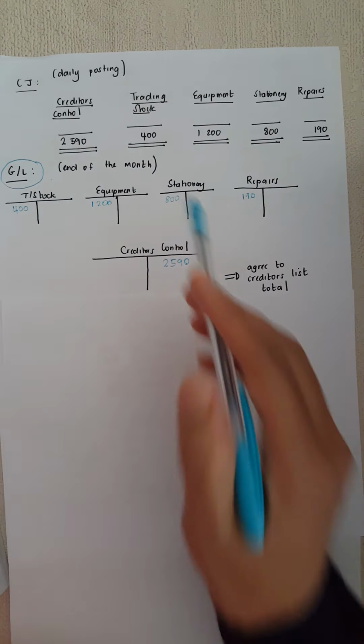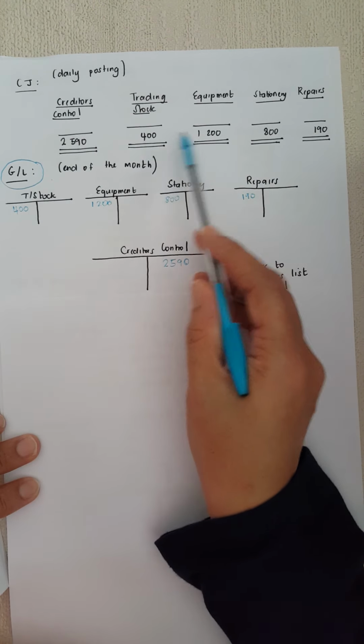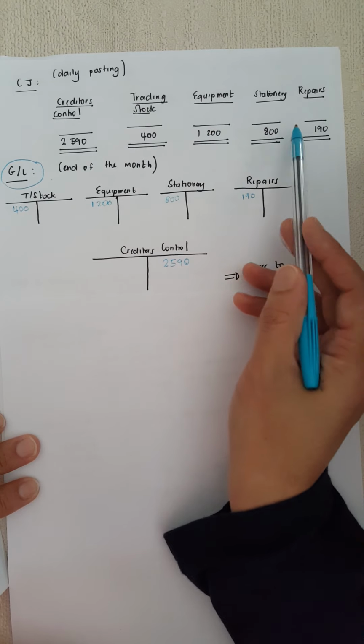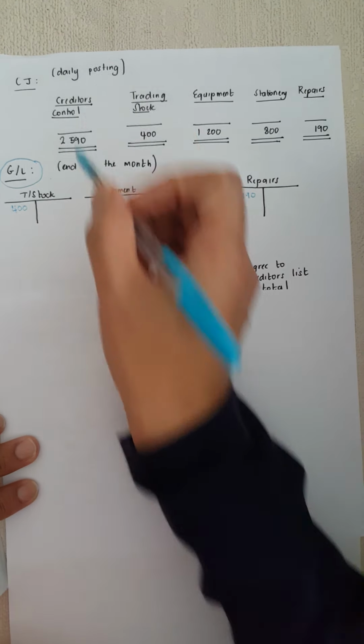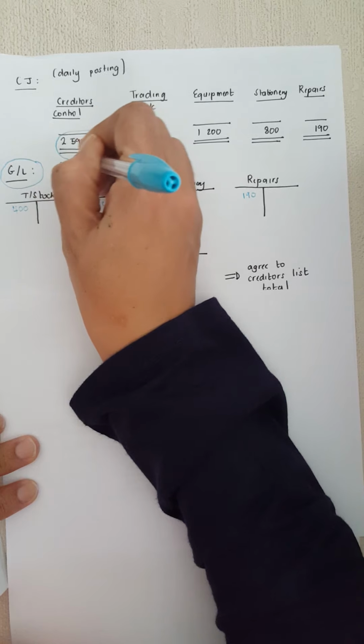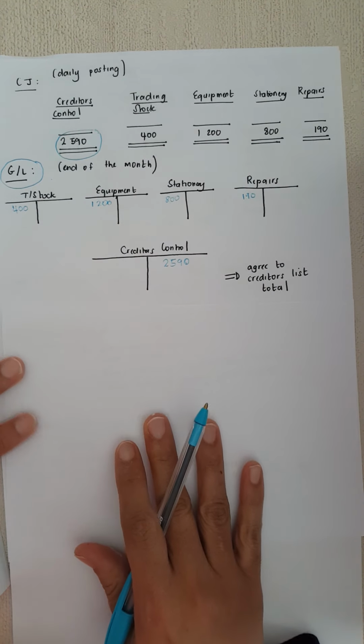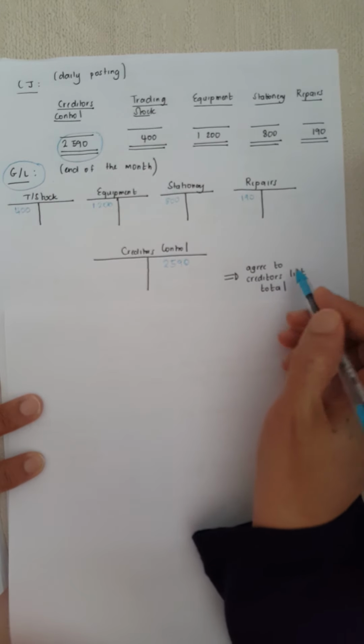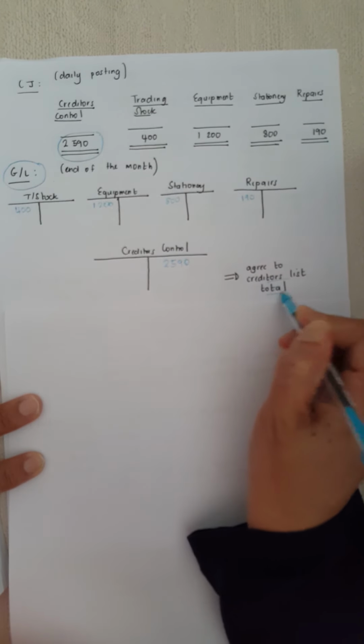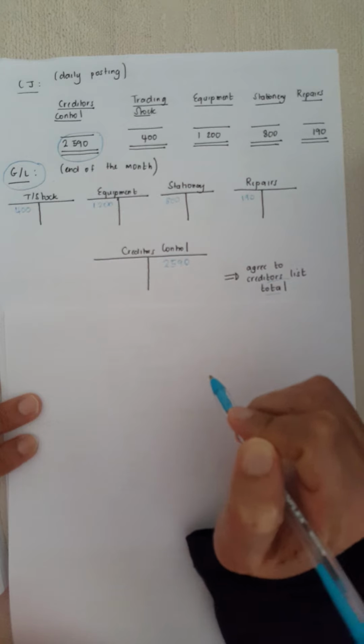So all these totals are showing what I bought or what service I received, and this is the total of the creditors that we are owing for the month. So that's how you do your general ledger posting, and eventually you have to see that this amount has to agree to the creditors list, which we're going to do now.